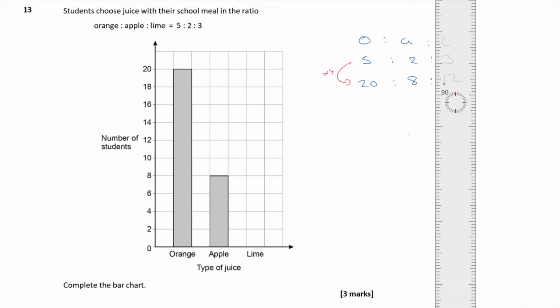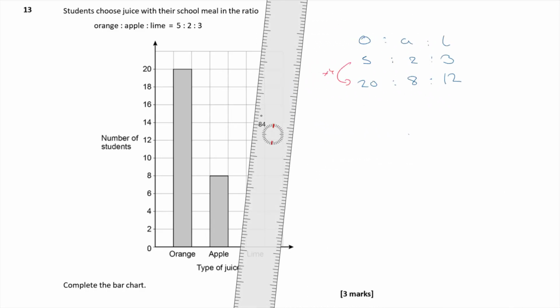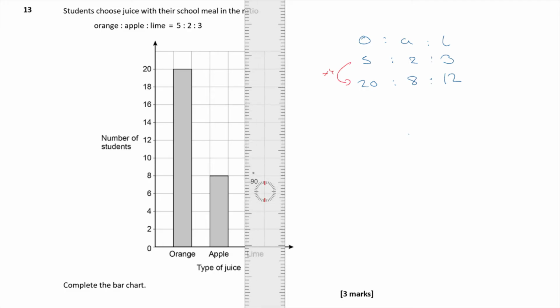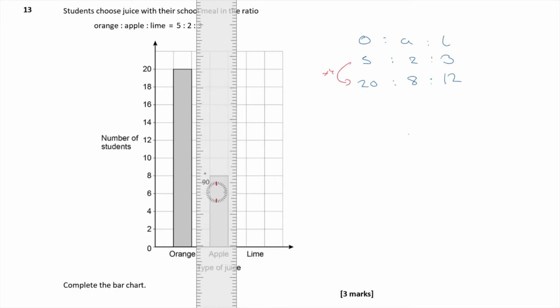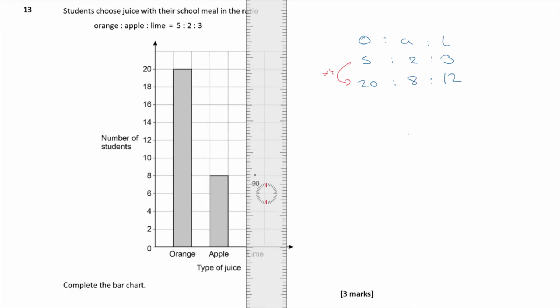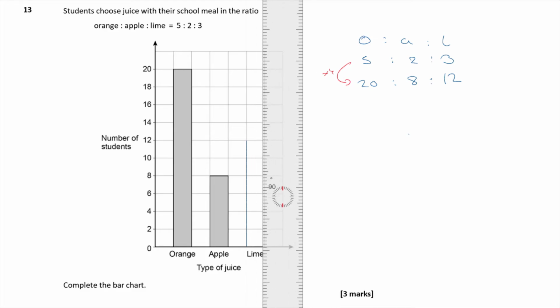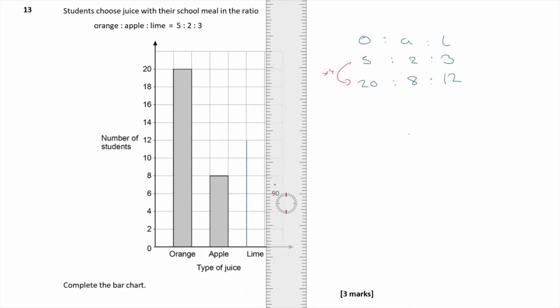So when you're drawing your bar chart, make sure that your width is the same. You leave the same gap between the other bars. You can see each one of these has a space of 1 square between them, so I'm going to leave 1 square before I start drawing my bar. It needs to be a height of 12, and it also needs to be the same width as the other two, so it needs to be 1 square wide.